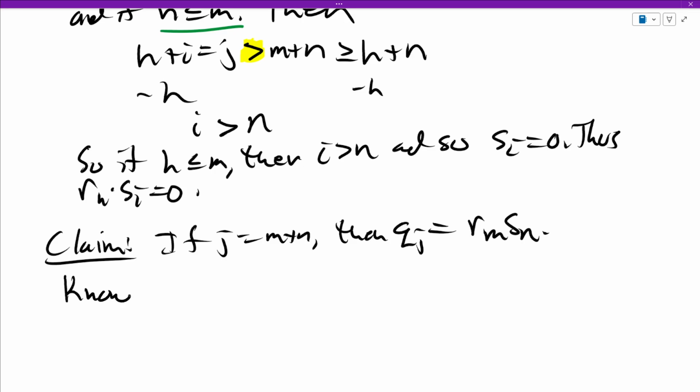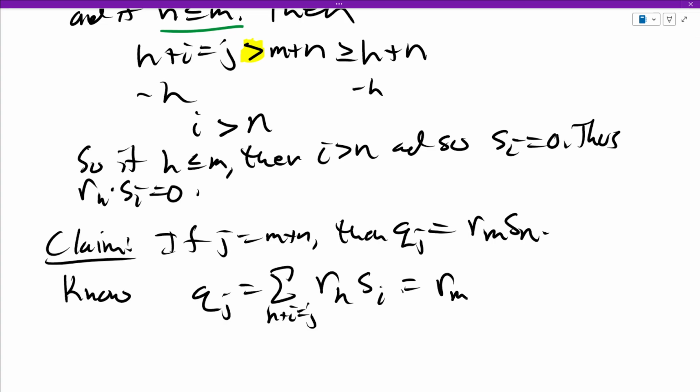We know that Qj is this big sum over R_h S_i. Sorry, this video is going a little bit longer than I thought it was going to be. That's okay. We know that's just the formula, and we're going to get R_m S_n as one of the terms, where h is m and i is n, because they certainly add up to j. That's the situation we're in for this second and last part of the proof.